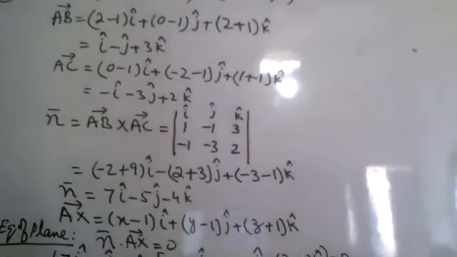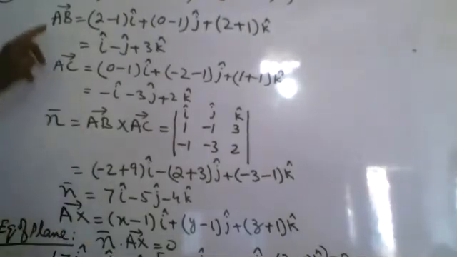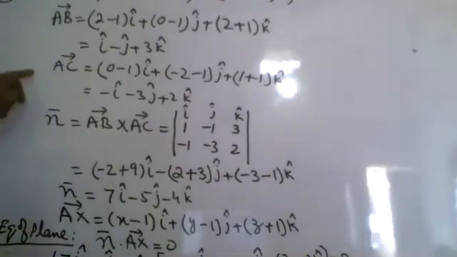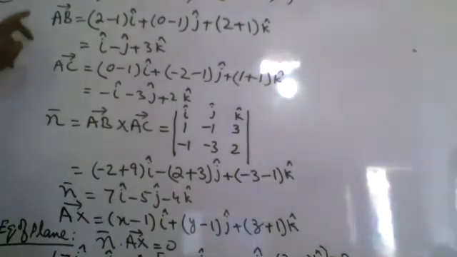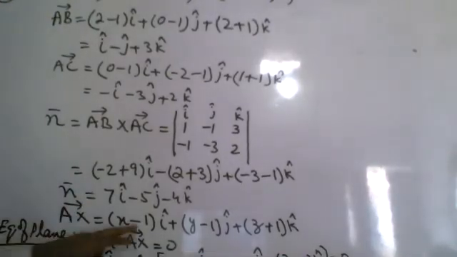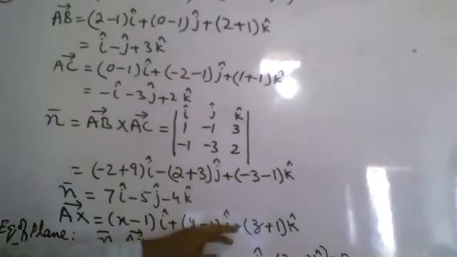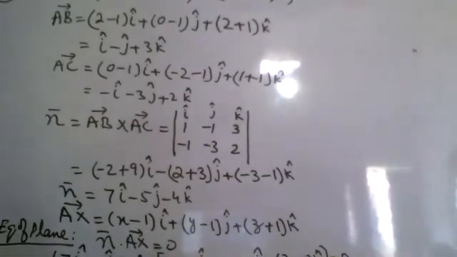Now we find the vector P naught X. X is always taken as (x, y, z), and A is the common point between both the vectors. A is (1, 1, minus 1), so (x minus 1)i, (y minus 1)j, and (z plus 1)k. This is the AX vector.